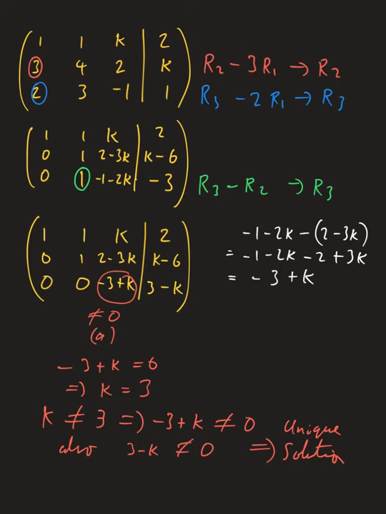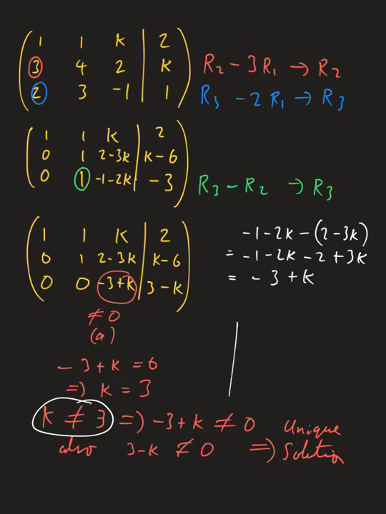That's a unique solution. So that's part A. The values of k for which that system has a unique solution is k is not equal to 3. That's the condition. Any other value of k is fine as long as it's not 3. For part B, when does the system have more than one solution? Well, if k is equal to 3, then what I get on that last row is all zeros.